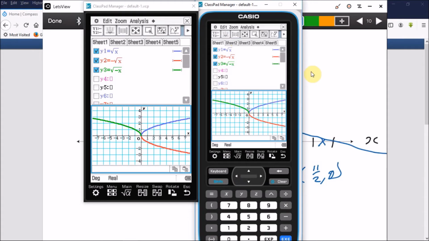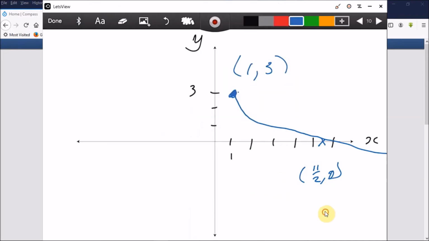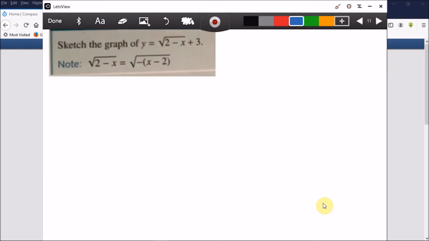All right, so let's have a look at something with that. So let's have a look at here. I didn't take a very good photo there, but anyway. All right, so what we've got is y equals the square root of 2 minus x, plus 3. So there's a negative there in front of the x.